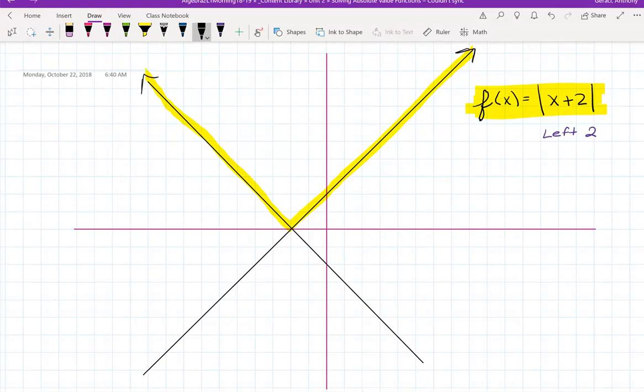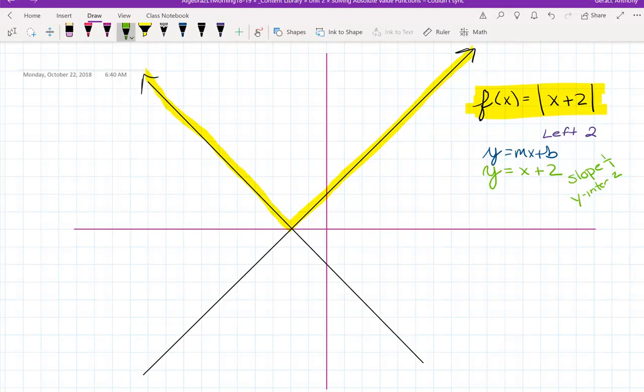equation. Now I'm going to show you a little bit on where this comes from and how it's kind of created. So if I just did the graph of y equals x plus 2, which is a line, in y equals mx plus b form, so I have a slope of 1 over 1 and a y-intercept of 2.